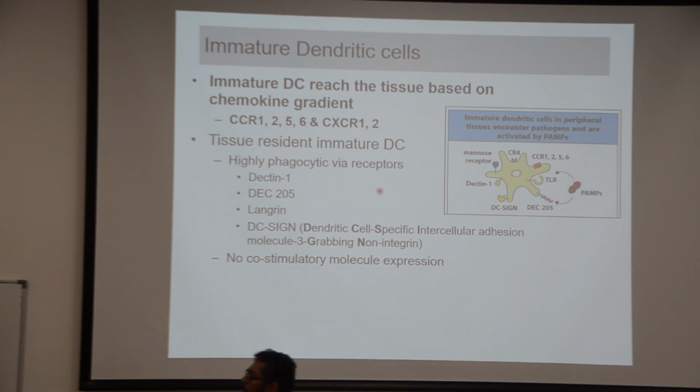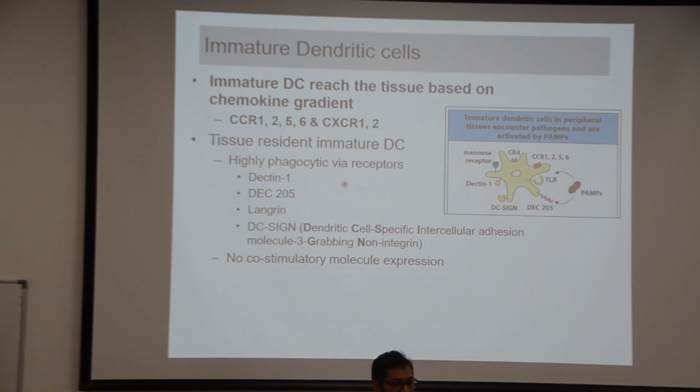You remember we talked about CD80 and 86 as co-stimulatory molecules yesterday? Immature cells have a very low amount of that, number one. Number two, their capacity to phagocytose and present antigen is low, so they do not do it at a higher pace. Number three, they like to remain in the tissue.